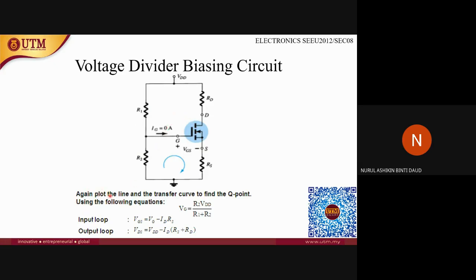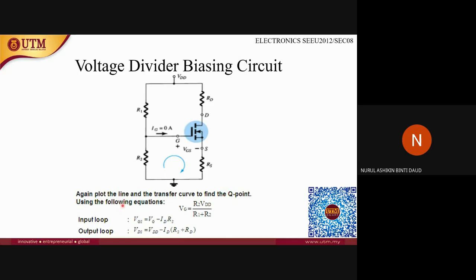Again, to solve this voltage divider biasing circuit, we need to plot the load line and the transfer curve to find the Q point. It is very important to plot the load line and also the transfer curves because we need to find the Q point.